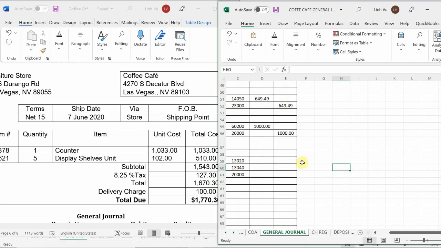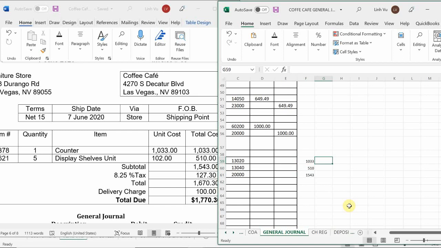I know for a fact that my counter cost me a total of $1,033, okay? And my display shelves were $102 per shelf times 5, which gave you $510.